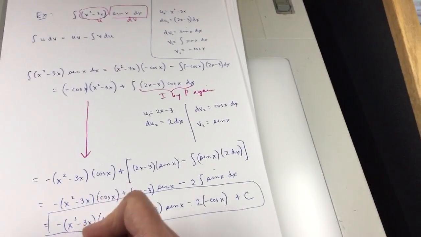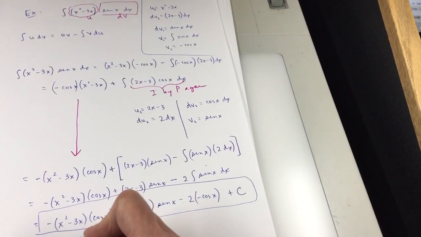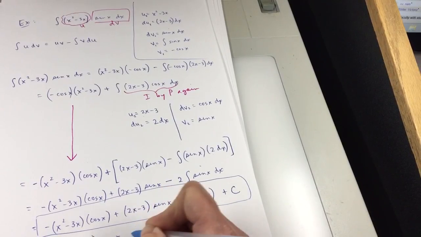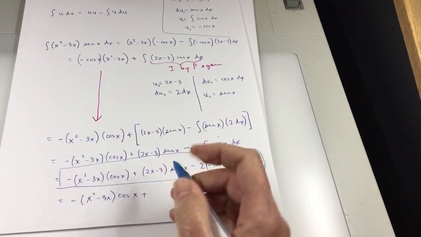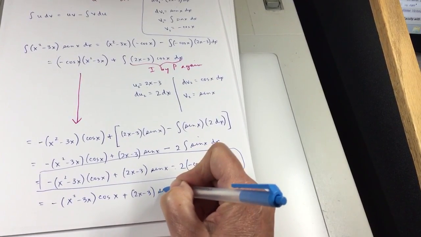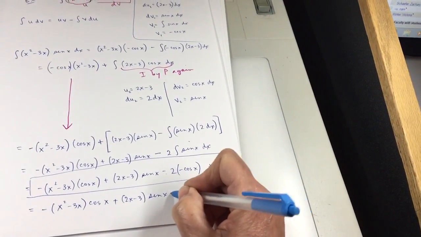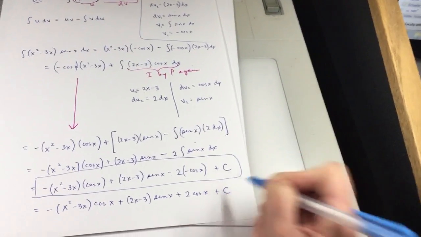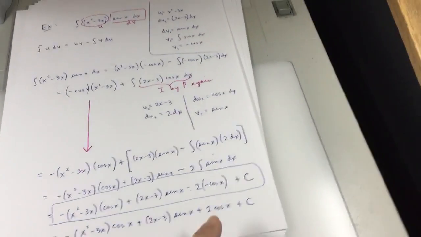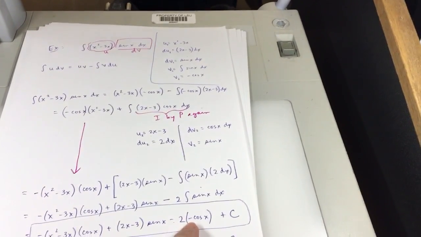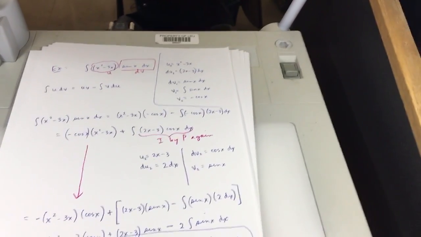I'm going to write it as plus because then I've got to tell you one of the things students lose points for on a test. Plus 2 cosine x. You see this negative cosine x? I have it in parentheses.